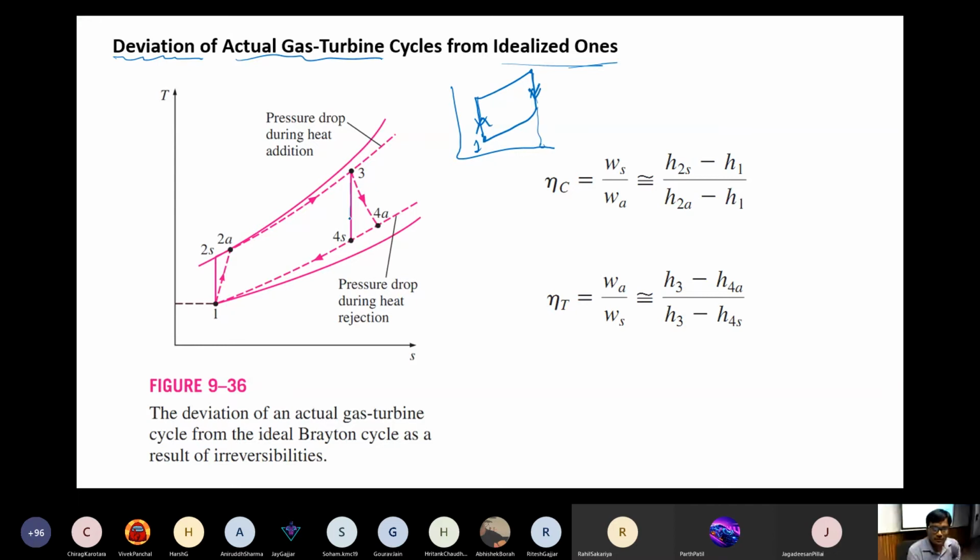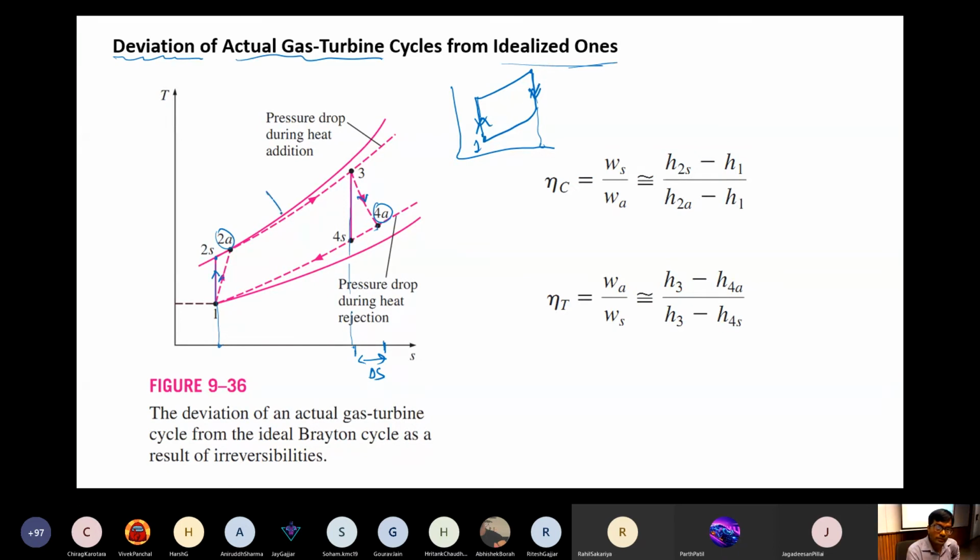This is your typical ideal isentropic process, but in reality, the actual thing may not be isentropic. It has some deviation, so entropy may change a bit. From 3 to 4, actually it goes from 3 to 4 here, and from 1 to 2, apart from going from 1 to 2 ideally, it goes 1 to 2a actual. Okay, so this is how it follows.